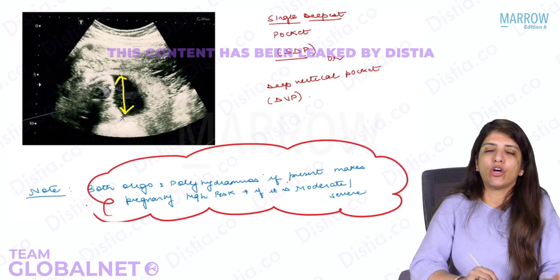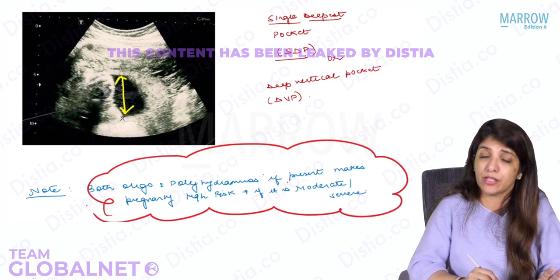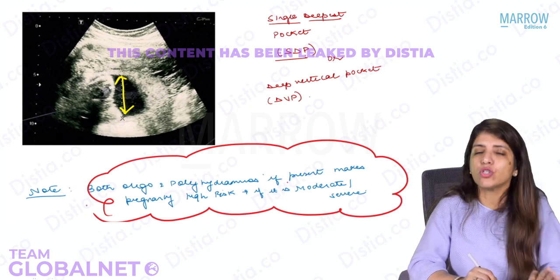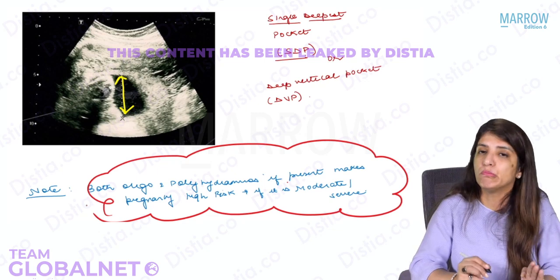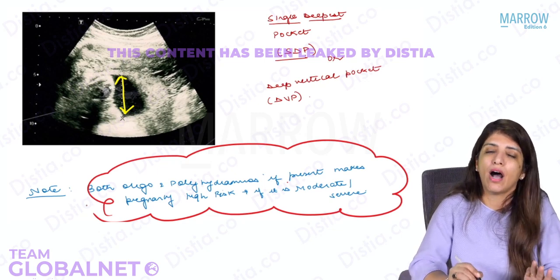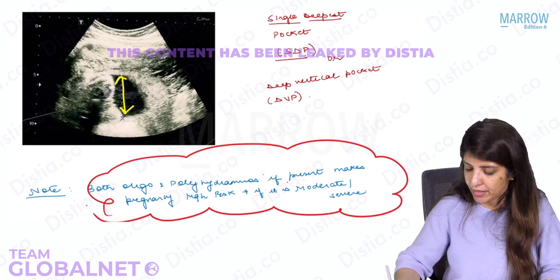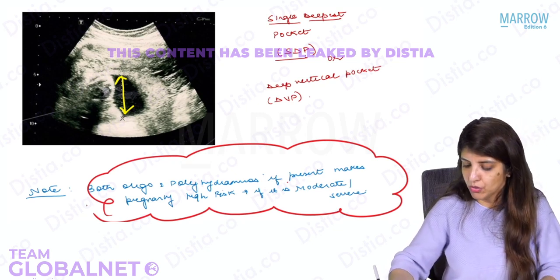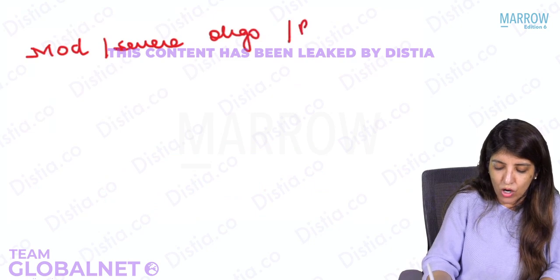Mild polyhydramnios, mild oligohydramnios, I'm okay with it. That pregnancy is not a high-risk pregnancy. But moderate or severe oligohydramnios or polyhydramnios means we are dealing with a high-risk pregnancy. So please write that: moderate or severe oligohydramnios or polyhydramnios make pregnancy high risk.